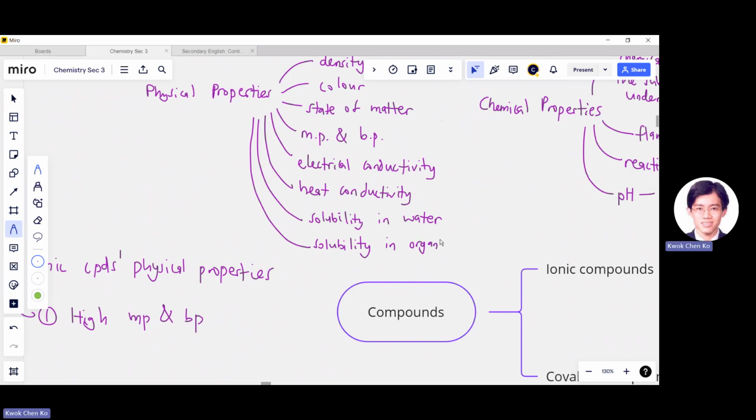Yes, good, alcohol, but I'll just lump it as organic solvents. So take note, occasionally alcohol may come up, or some other organic solvents. I'm not going to explain the word organic until much further down the road.